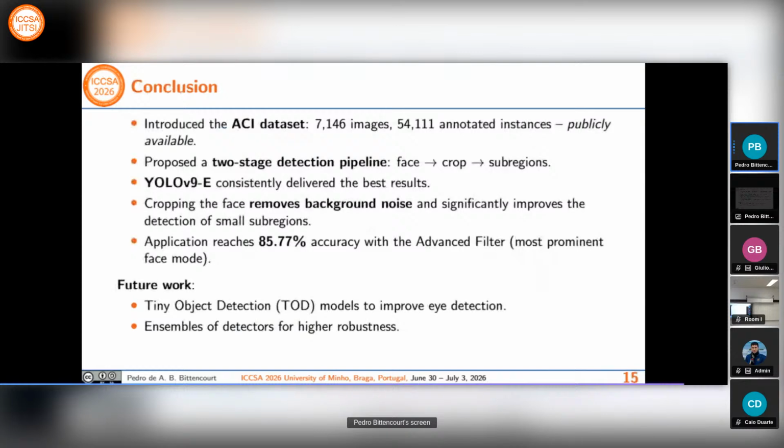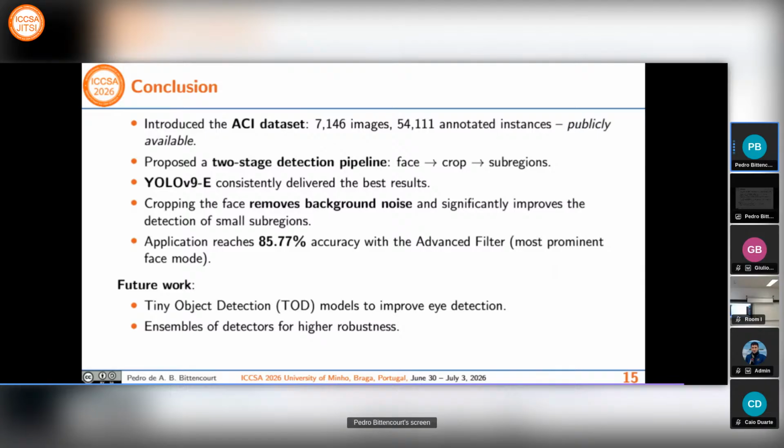To conclude, we introduced the ACI dataset with 7,146 images with over 54,000 annotated instances, which is publicly available for future research. We propose a two-stage detection pipeline where the face is detected first, cropped, and then subregions are detected within the crop. YOLO V9 consistently delivered the best results across all experiments.